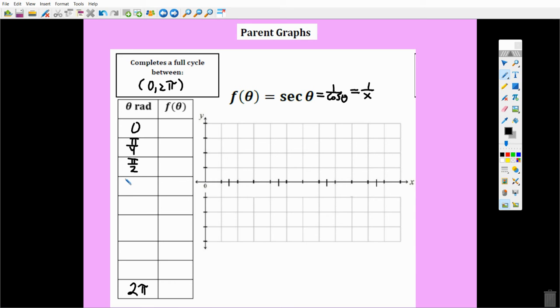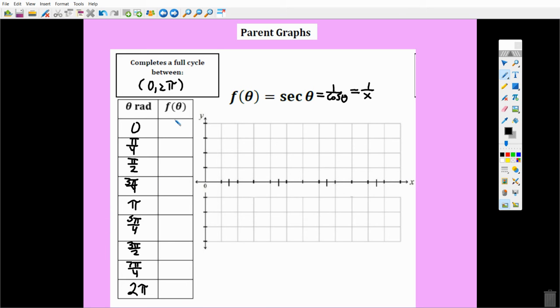We're going to go with 3 pi over 4, that's second quadrant. We're going to go with pi, 5 pi over 4, 3 pi over 2, and then finally 7 pi over 4 so that we can fit everything there.